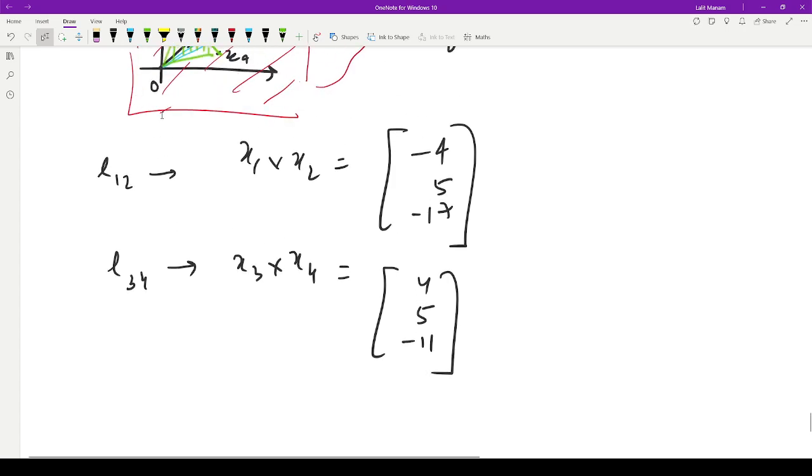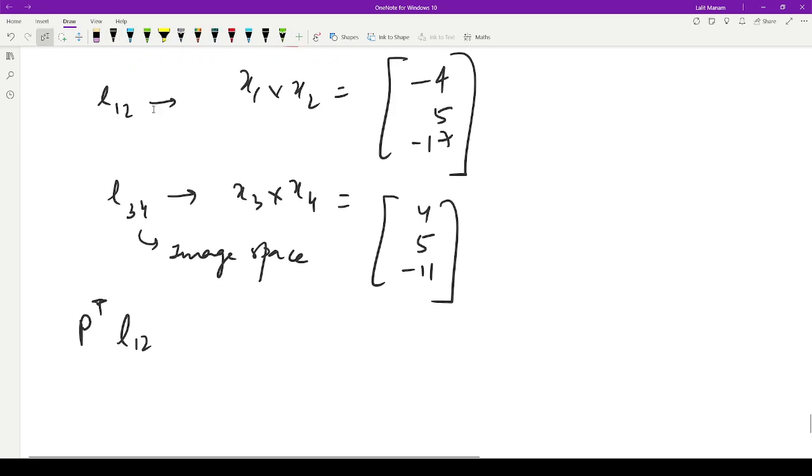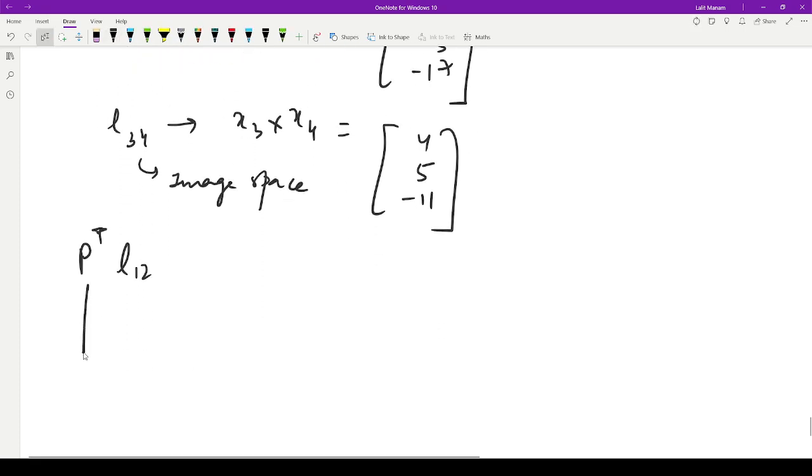So given these two lines, you now need to form planes. How do you form planes? We just checked it right now in the last question, I guess. So this is a line in image space, right?